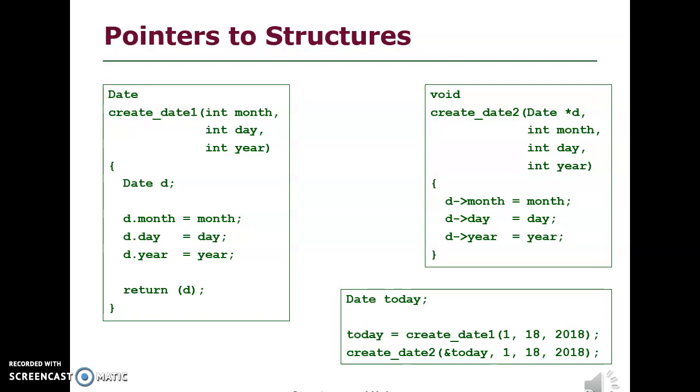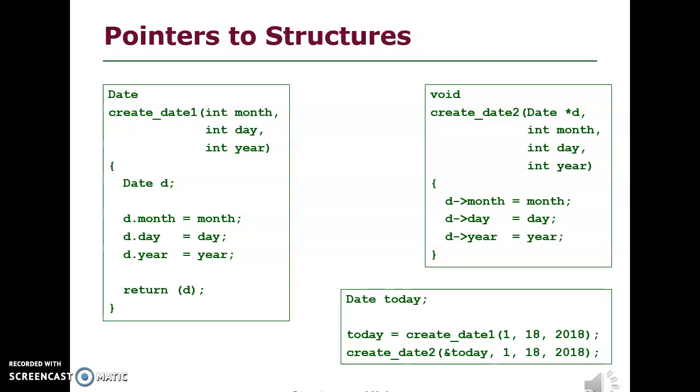It will not return anything because it is a void function. You know that. In create date 1 you have 3 integers: month, day and year. And date, already you know, is a structured data type which contains day, month, year. So you are creating a reference, d.month, d.day, d.year equal to whatever values you give for month, day and year, it will be substituted here and you are returning.